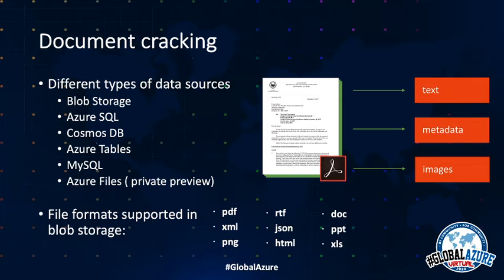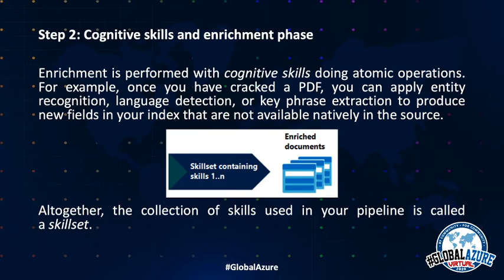Also, of course, you can use well-known databases such as Azure SQL, or even NoSQL storage such as Azure Tables, Cosmos DB, MySQL, and even Azure Files. But this support is in private preview.